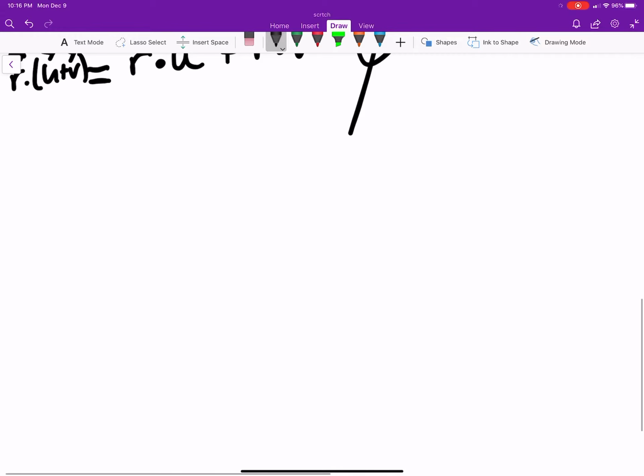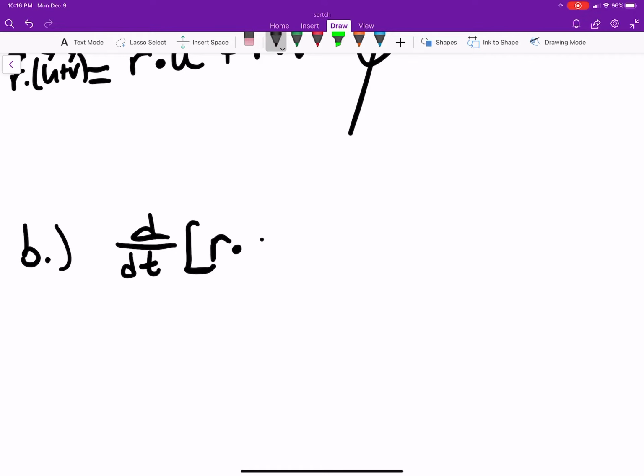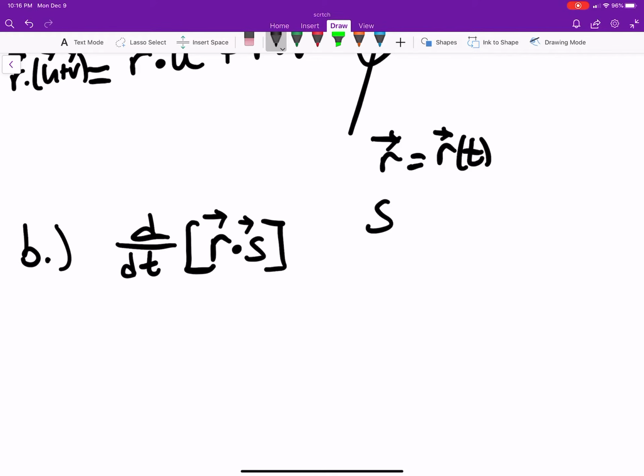But then it goes to part B. So part B, what are we doing? We're doing d by dt of r dotted with s, where r is really r of t, and s is really s of t.